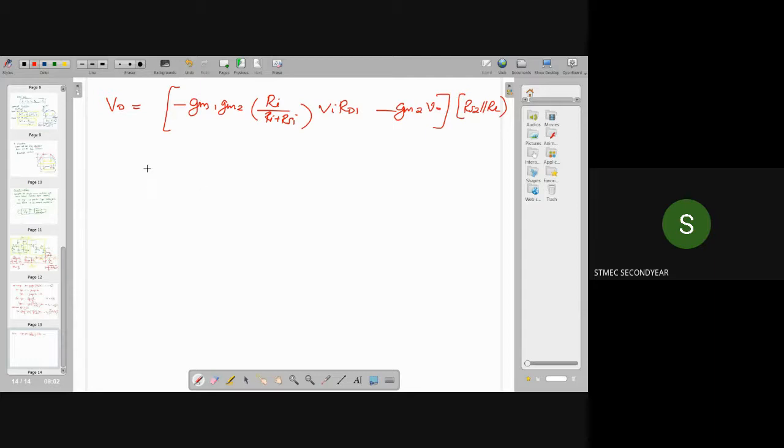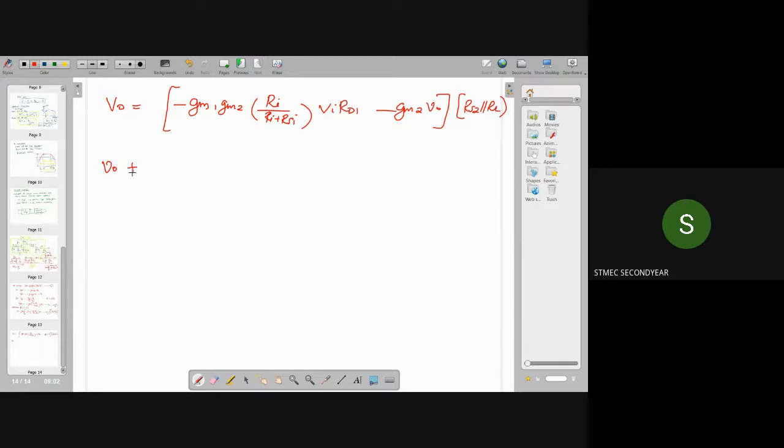Now I can take the term with the V naught or V out to the left side, so that I will get here V out, and here you have a term with the V out, that is minus GM2 into V out into this RS2 parallel RL.